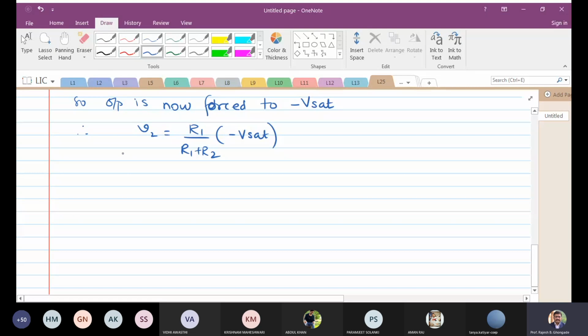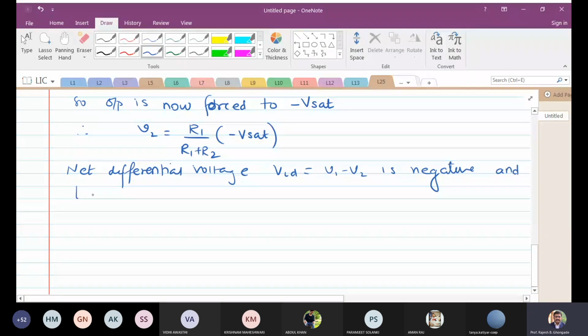Now, if V2 itself is negative, so the net differential voltage difference VID, V1 minus V2, is negative. And this holds the output to minus Vsat.